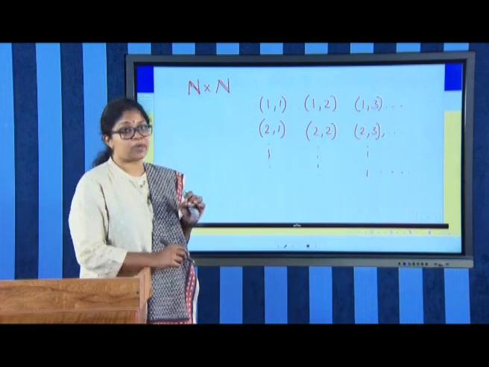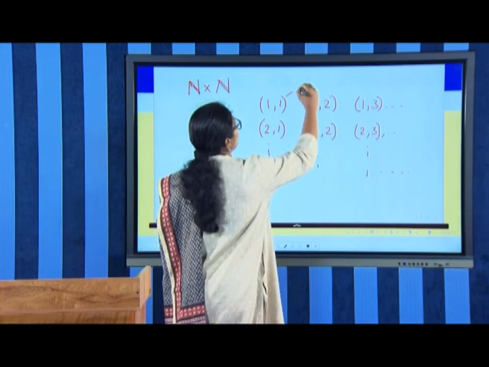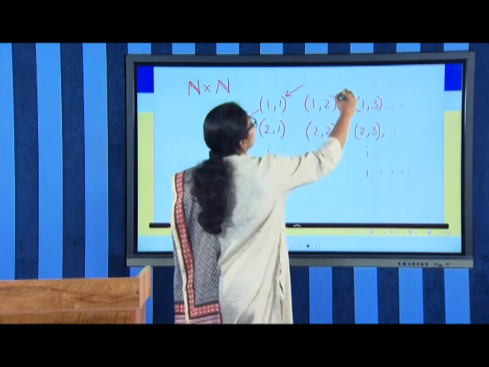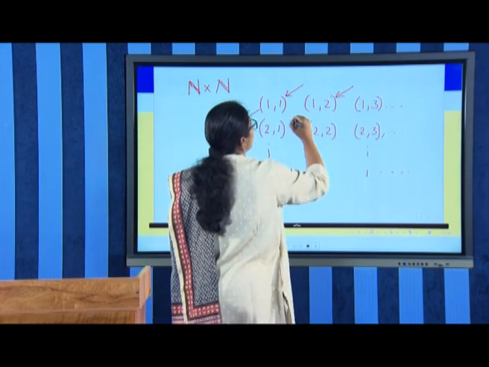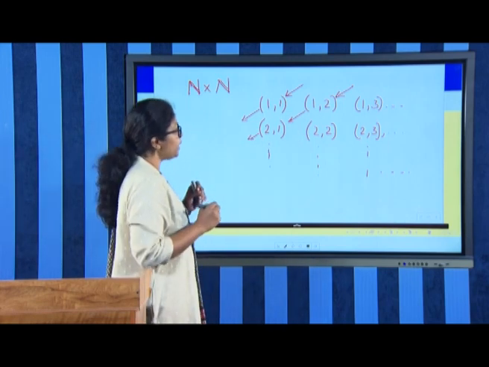Then we are going to arrange all the elements in a diagonal form, starting with (1, 1), then taking (1, 2) and (2, 1) as the second diagonal.